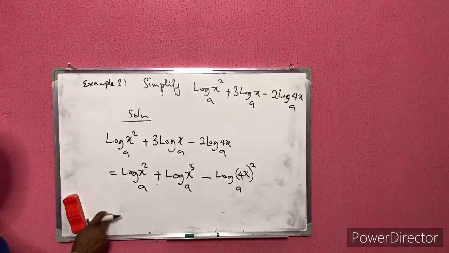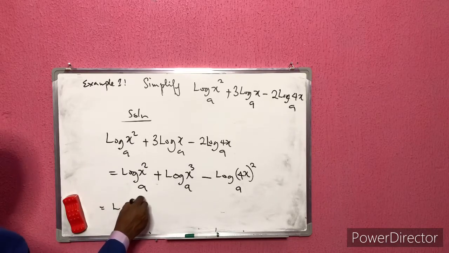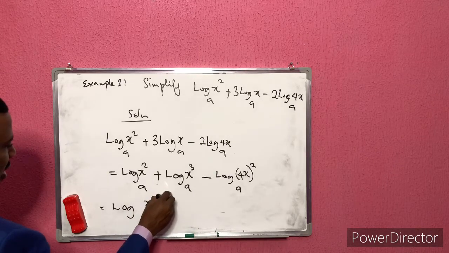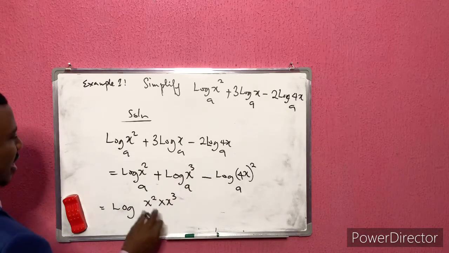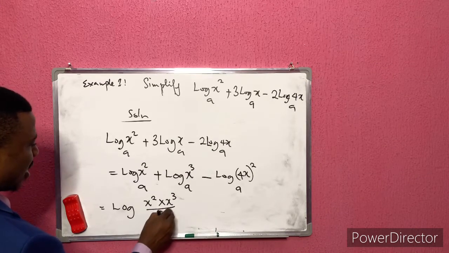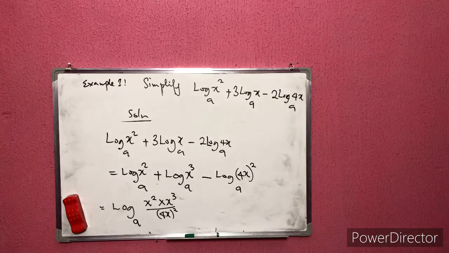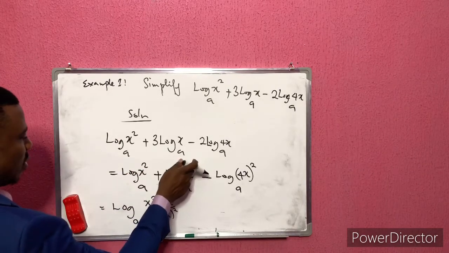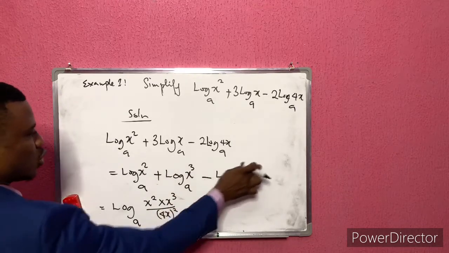So you have log of x squared multiplied by x cubed, divided by 4x raised to the power 2, everything to base a. Addition is multiplication, x squared multiplied by x cubed. Subtraction is division, divided by 4x raised to the power 2.